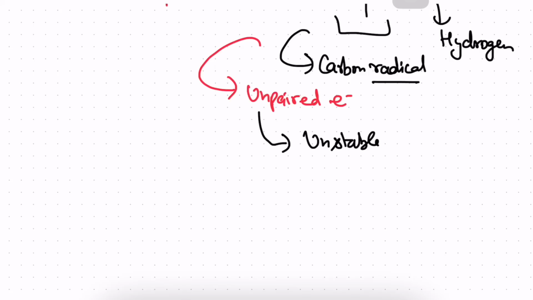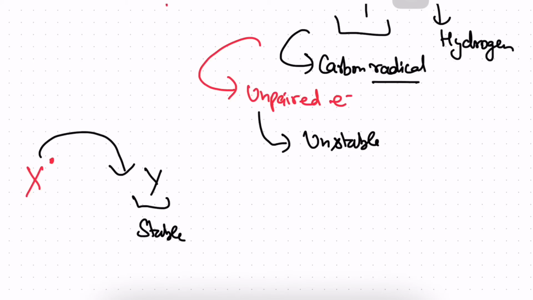Now let us take an example here. We are going to have formation of X radical. Now it is quite unstable. What it can do is donate this electron to another one. Let's suppose this is earlier a stable molecule.